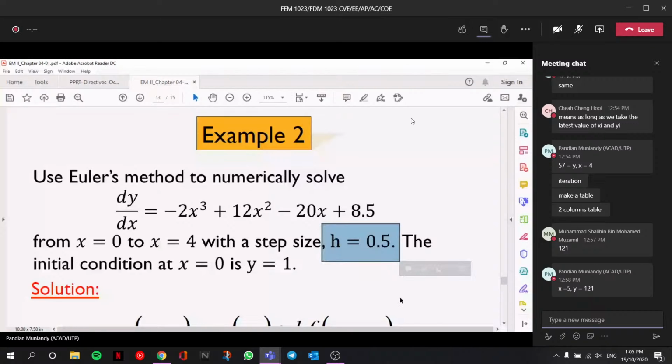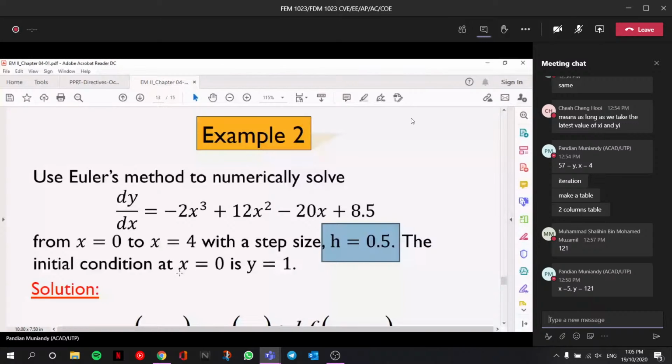The initial condition: when x is 0, y is 1. So you are given that already.